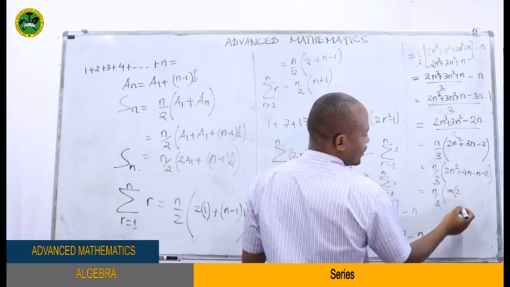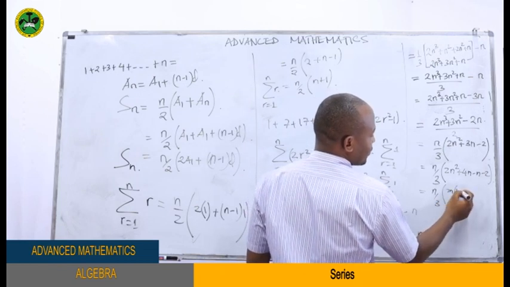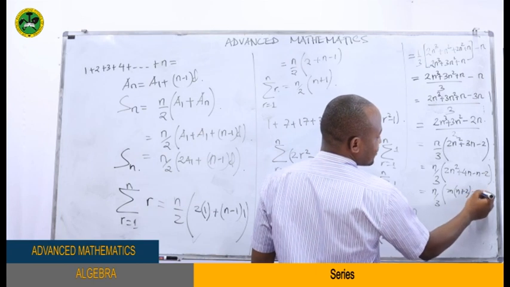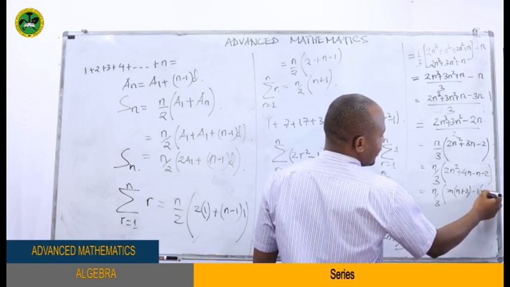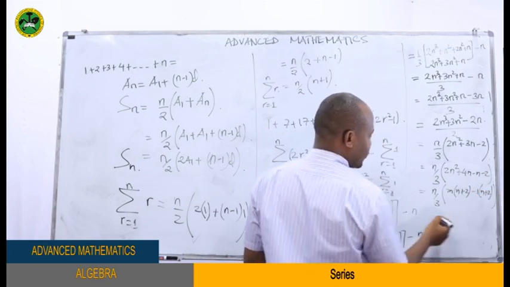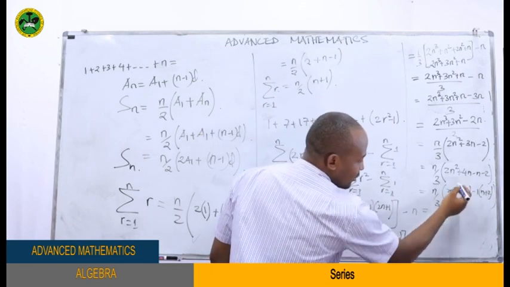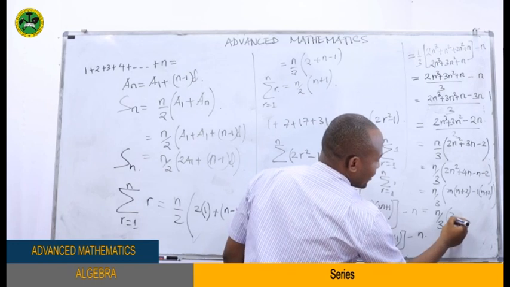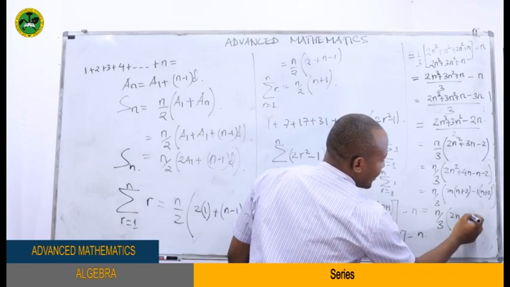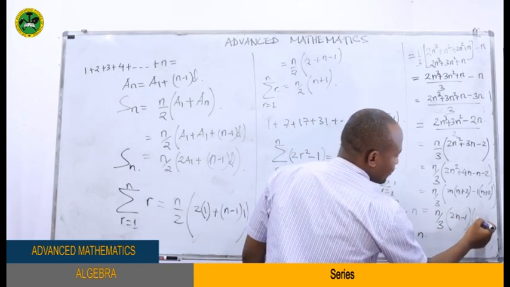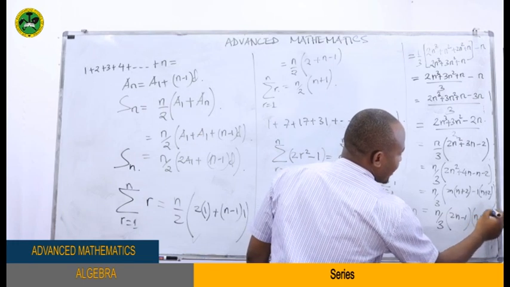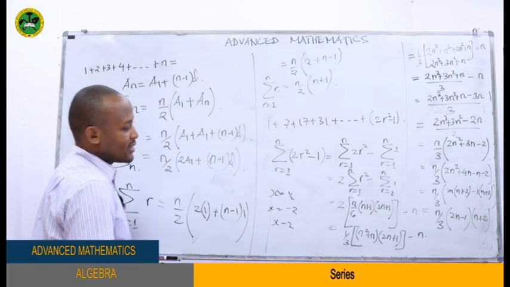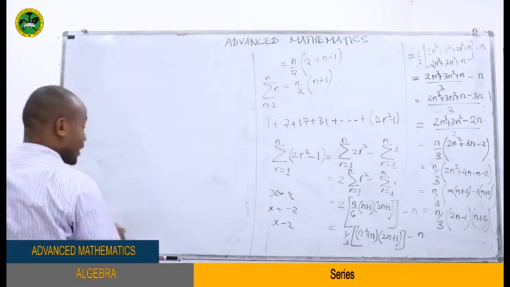And then we'll be left with n plus 2, and then factoring out negative 1, we'll be left with n plus 2. And then finalizing that quadratic will be n over 3, then 2n minus 1, n plus 2.